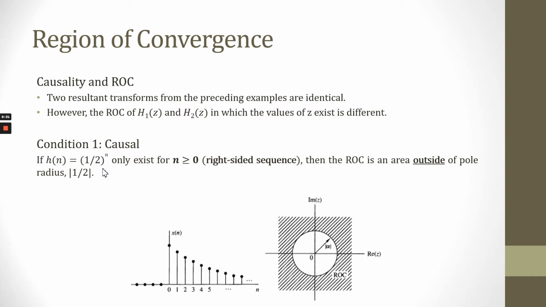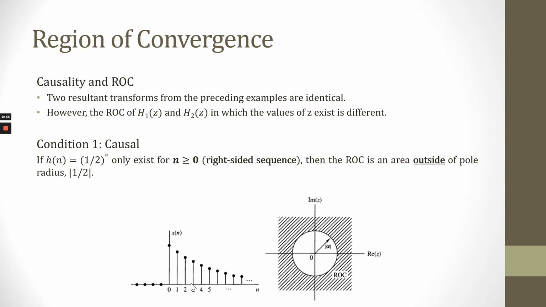Okay, the first condition is causal. If we have the signal h[n] equal to (1/2)^n, which only exists for n equal to and larger than 0, which is a right-sided sequence, the ROC is an area outside of the pole radius, 1/2 for example.